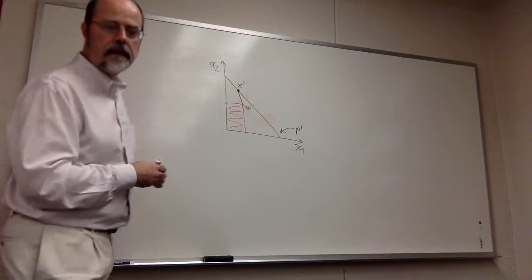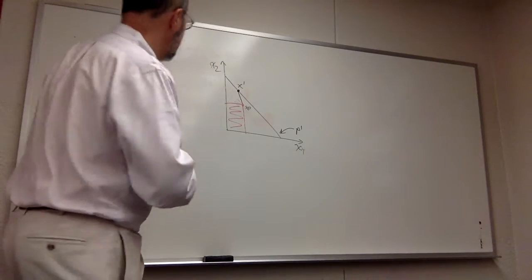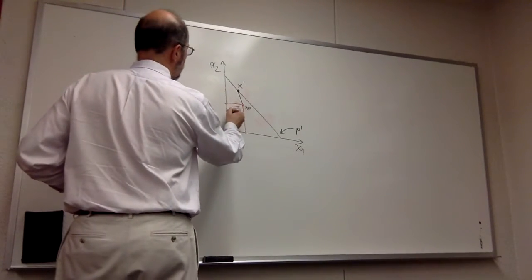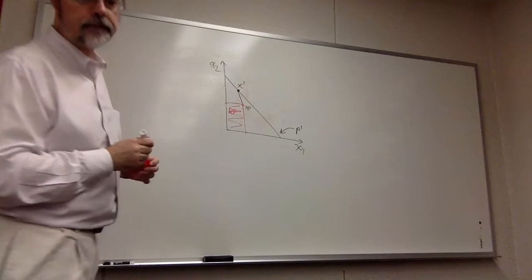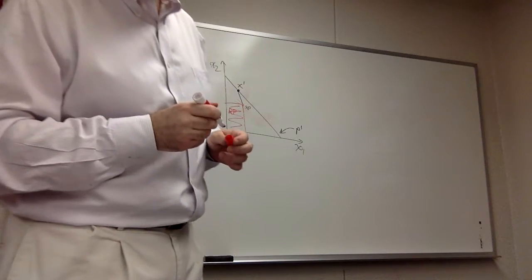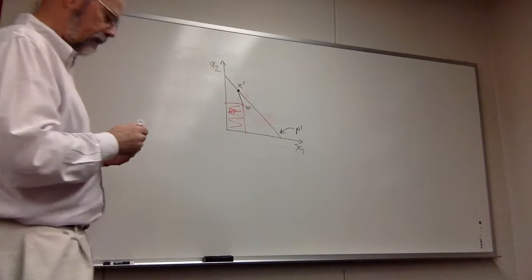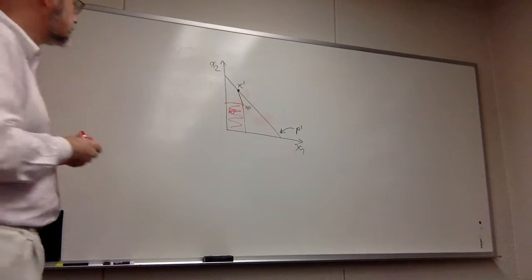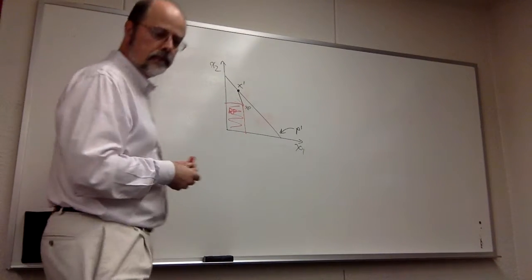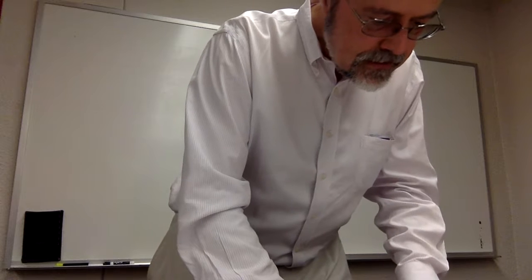So this is the set of points that we already know are revealed preferred. But there's more.